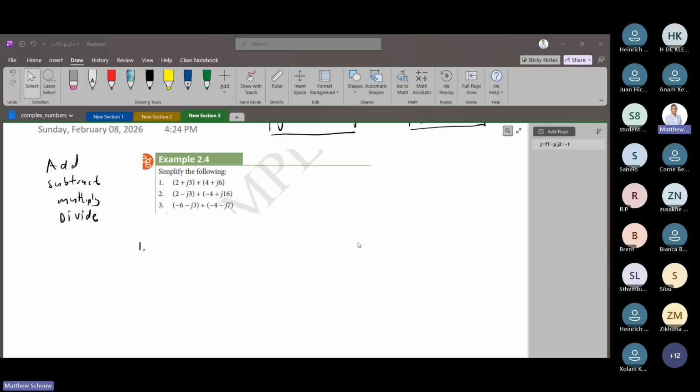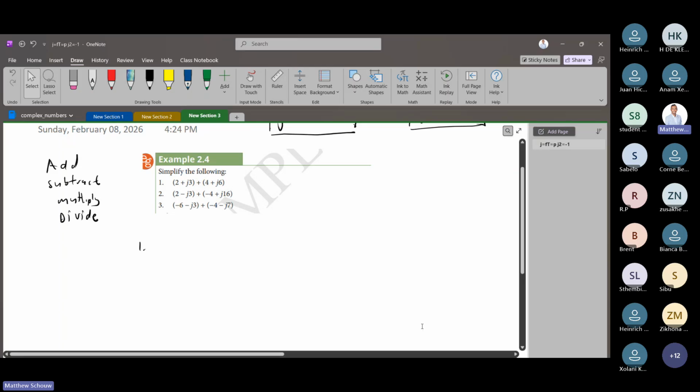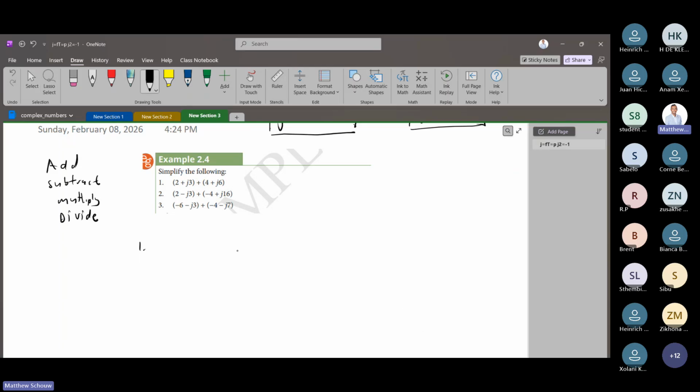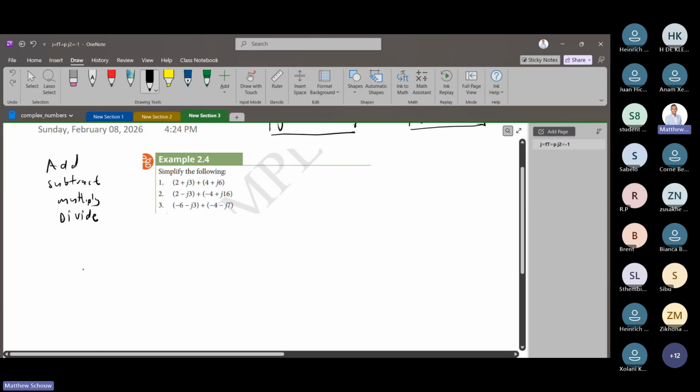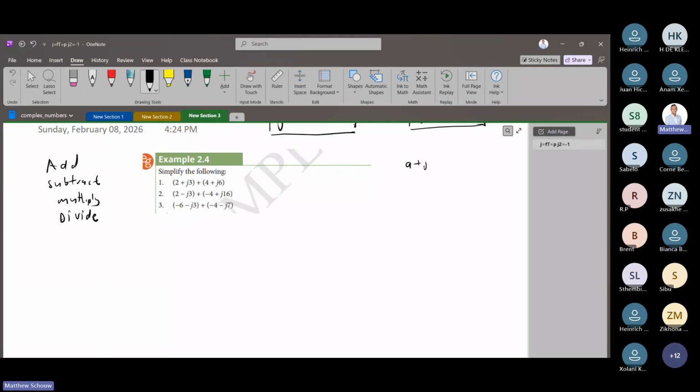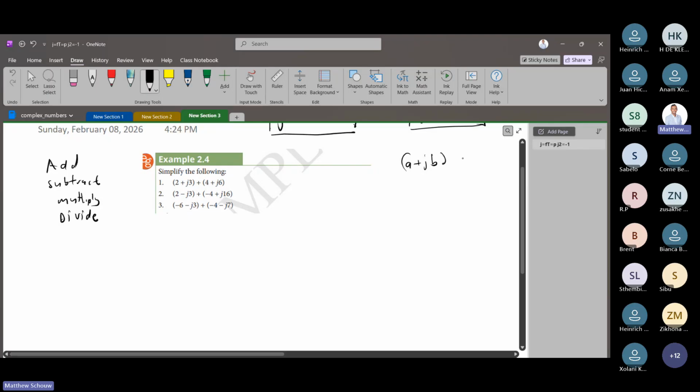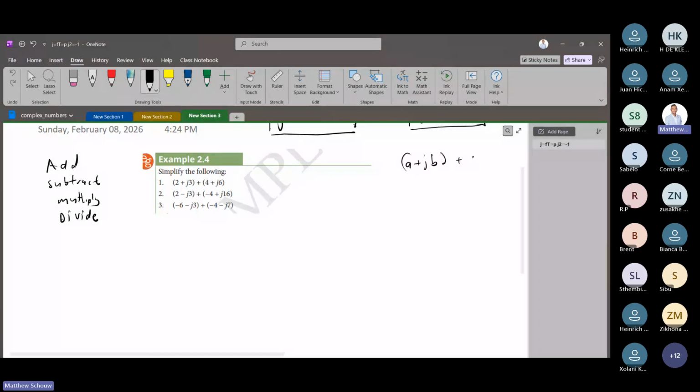If I put it into algebraic terms, in general terms, this is what I mean. So imagine I had one complex number a plus jb, and then another complex number c plus jd. Let me just remove these brackets. And so let's say I want to add them.